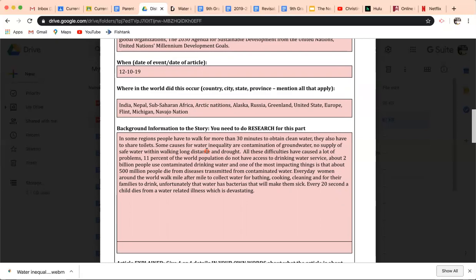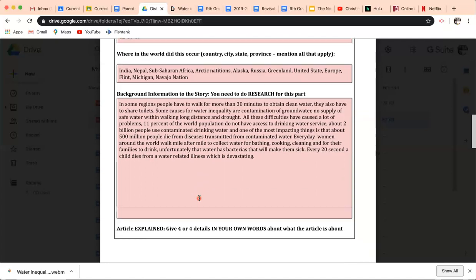And then you will put that in your own words over here. Now, this person decided to do it in a whole paragraph form. That is fine. You can do it in bullet points as long as you are being specific and giving a lot of explanation, okay? That shows me that you did some background research on your article.